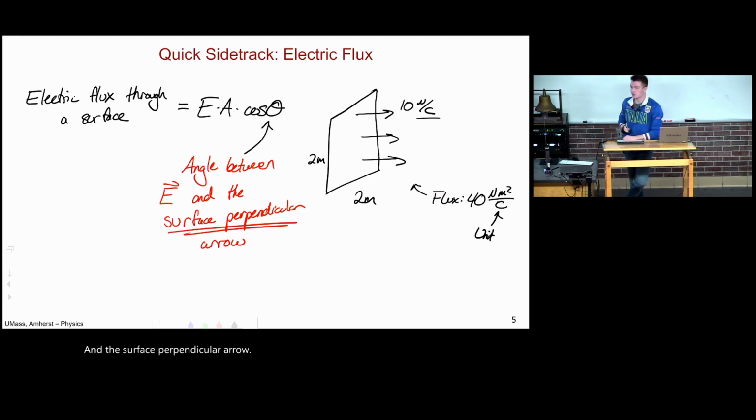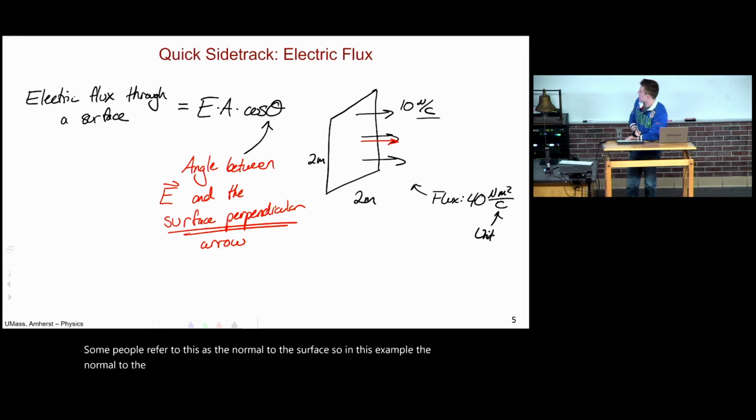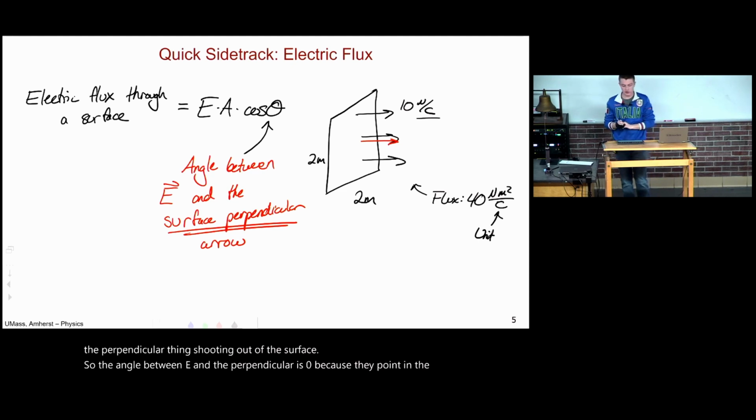Some people refer to this as the normal to the surface. So in this example, the normal to the surface comes straight off the paper like that, right? You just draw the perpendicular thing shooting out of the surface. So the angle between E and the perpendicular is 0 because they point in the same direction. So the cosine goes away.